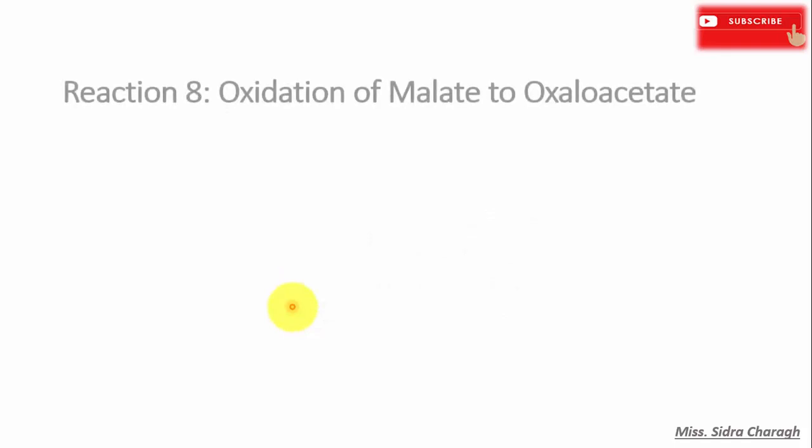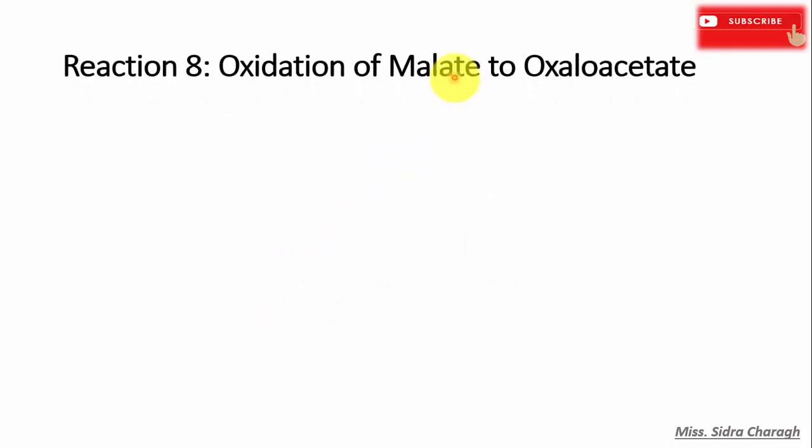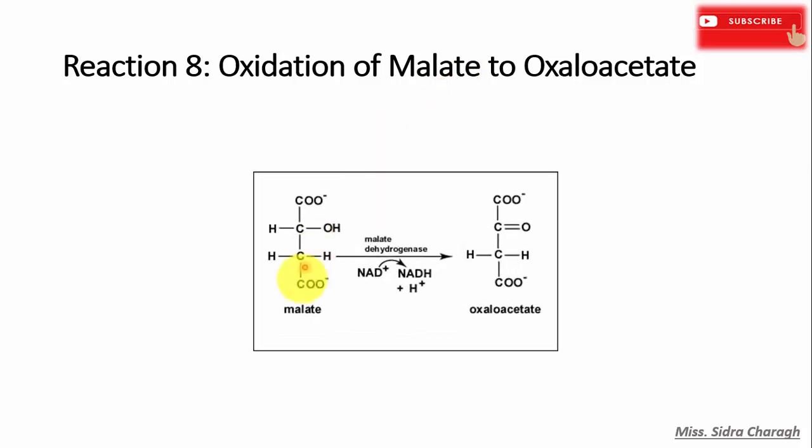And step 8 is the oxidation of malic acid to oxaloacetic acid. Here the malic acid is oxidized to form oxaloacetic acid, the starting compound of the citric acid cycle, by malate dehydrogenase.